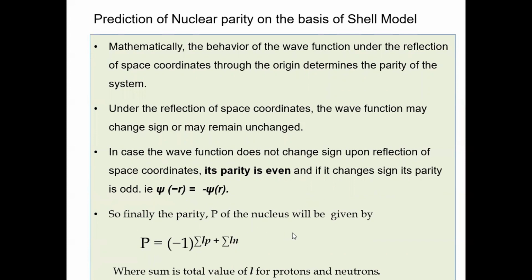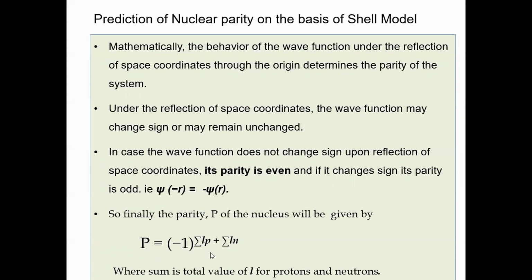So parity can be computed for a nucleus with the help of this relationship with -1 to the power of the sum of L quantum numbers for protons and for neutrons. So all together will dictate the parity, where the total value of L for protons and neutrons is summed as a power of -1.